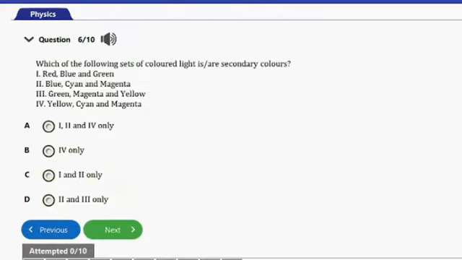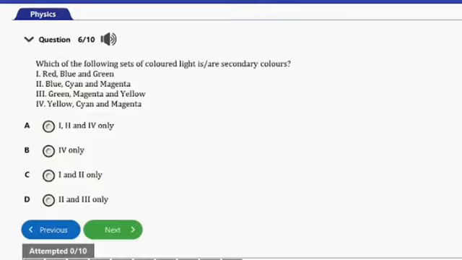So question number 6 here says, which of the following sets of colored lights is/are secondary colors? We have I, red, blue, and green, II, blue, cyan, and magenta, III, green, magenta, and yellow, IV, yellow, cyan, and magenta.